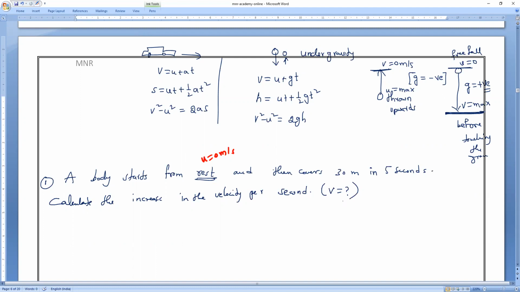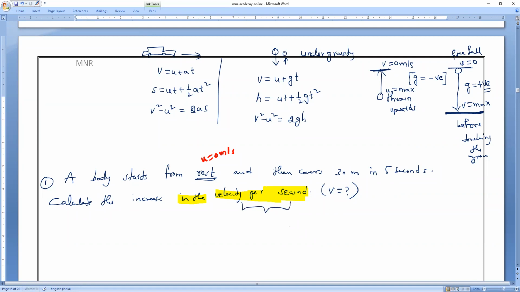Also see, read the question carefully, everybody. Do we have to find only velocity, or something else also? Read this. What is the statement? Calculate the increase in the velocity per time. Velocity per time, what is that?